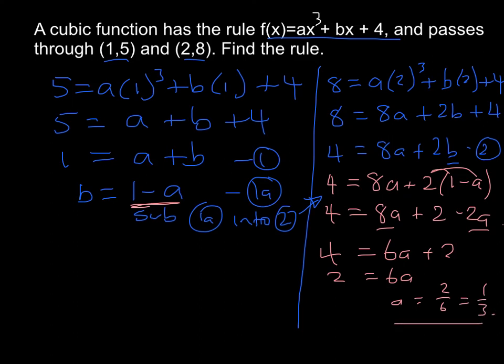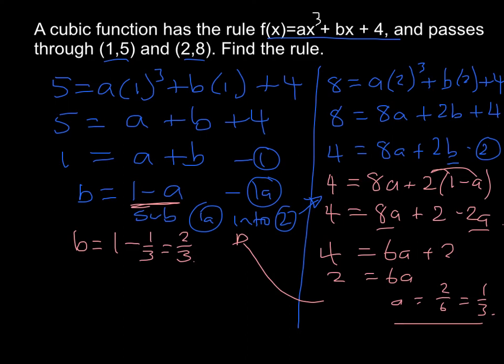Okay. Now to work out b, we substitute that back into this equation here. So b will be equal to 1 take away a, which we worked out a as a third. 1 take away a third is equal to 2/3. So that now tells us that we can write the rule down. I'll just select a different colour here.